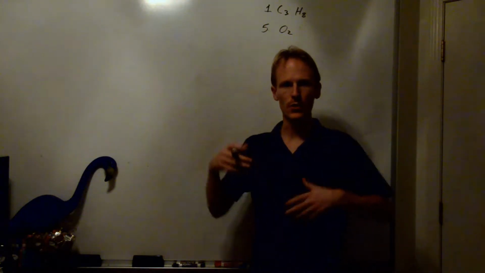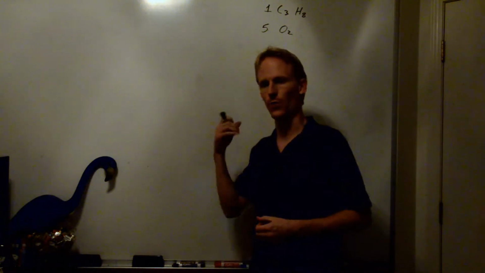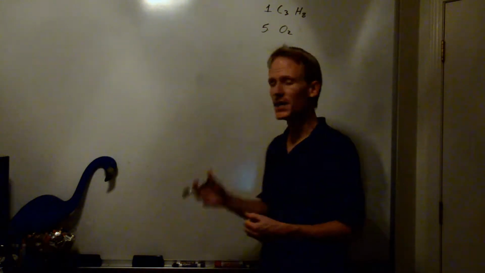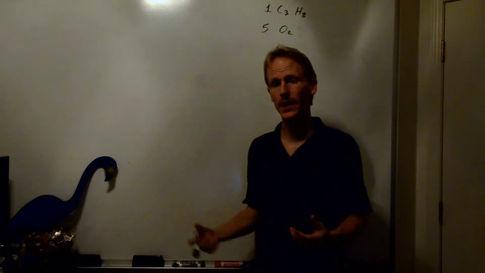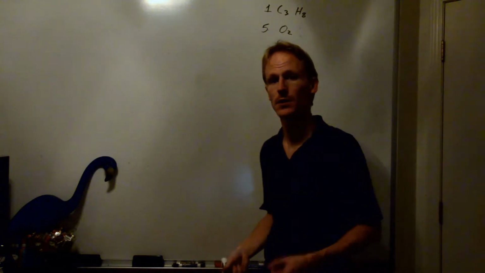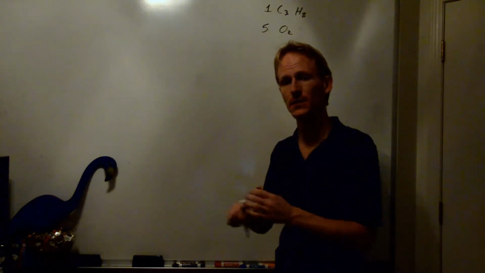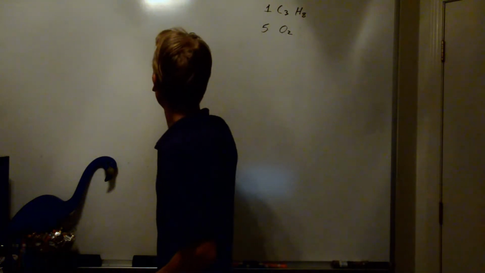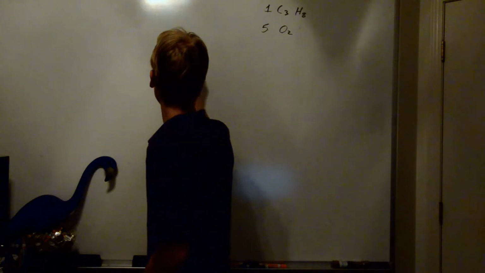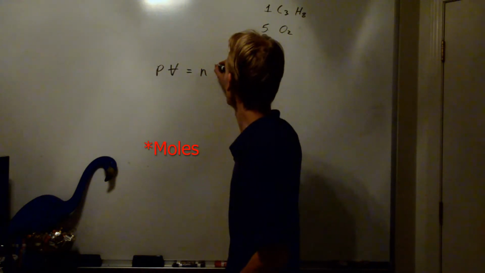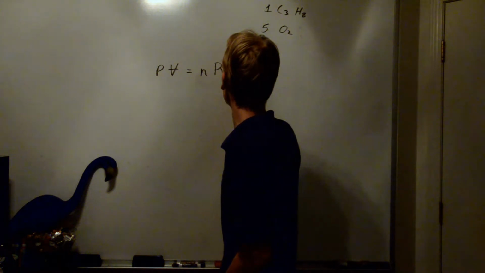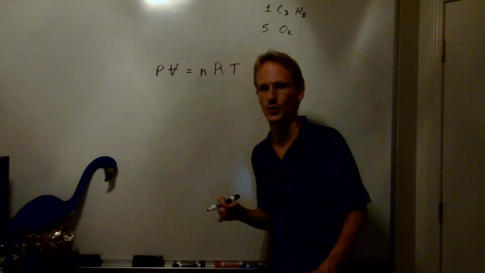Okay, so now that we know the ratio we need for the molecules, we need to figure out how those correlate to volumes. For that, I'm going to go to the ideal gas law. The standard form of the ideal gas law is pressure times volume equals number of moles times the ideal gas constant times absolute temperature.